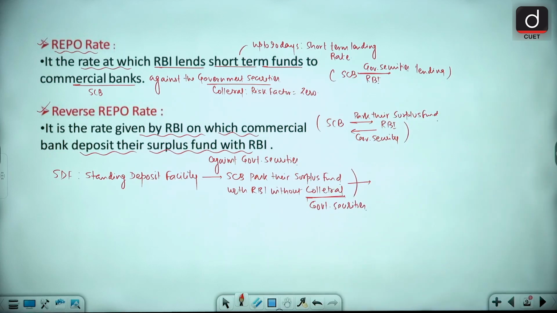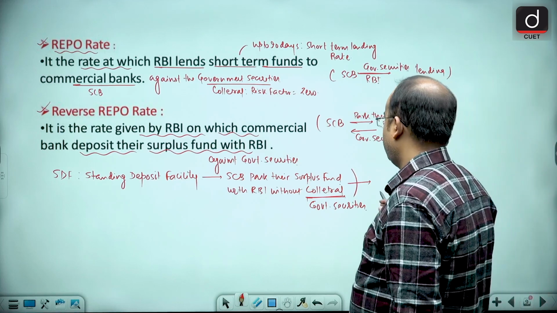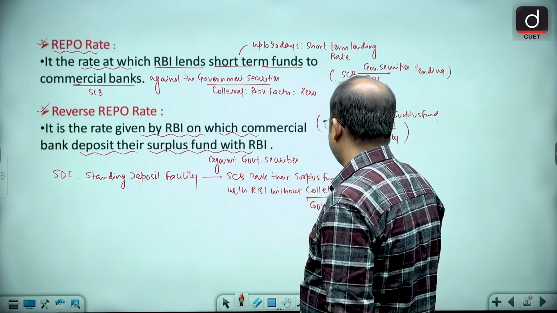Is that clear to all of you? That the rate of SDF is always higher than the reverse repo rate. Reason is this: in SDF it is a collateral free lending. So SDF banks park their surplus fund without collateral.